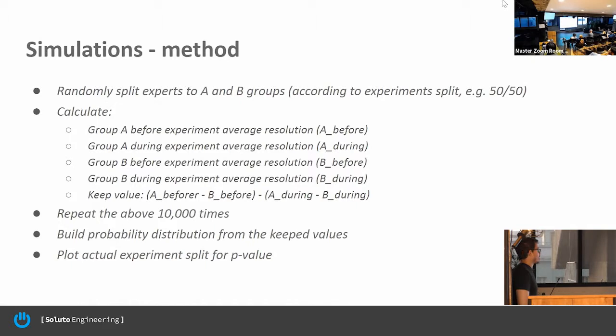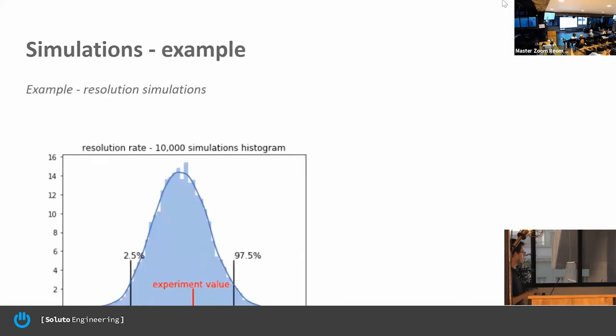At the end, we can take the actual split of the experts from the experiment, look at the same statistic, and plot it. For example, when running all the simulations, that was the distribution we got. Those are the usual thresholds, and the experiment value resides over here, meaning this specific experiment did not introduce any significant change to the resolution rate.